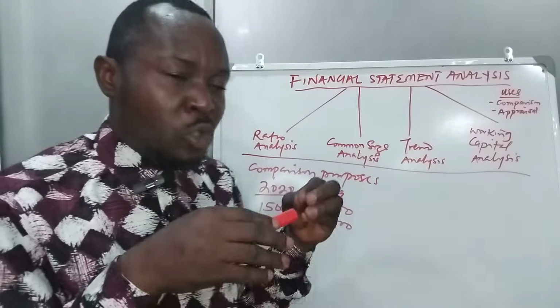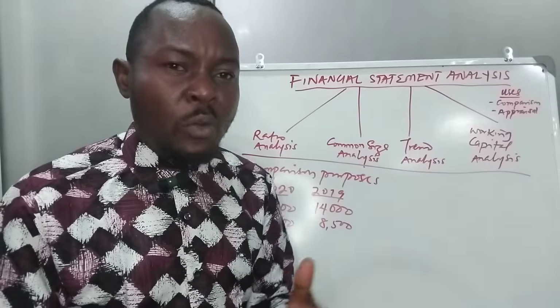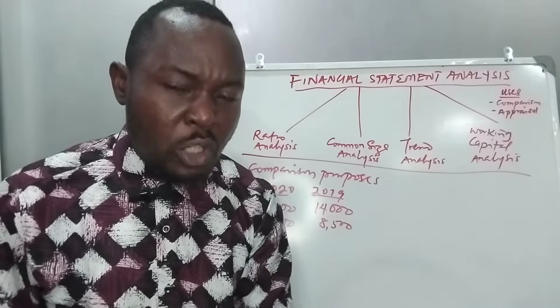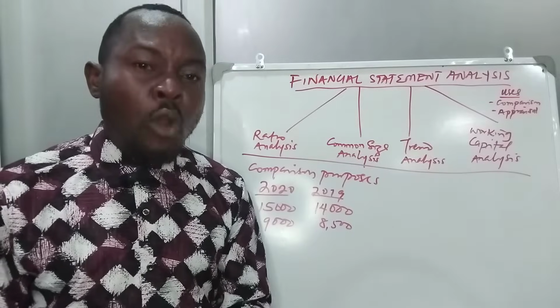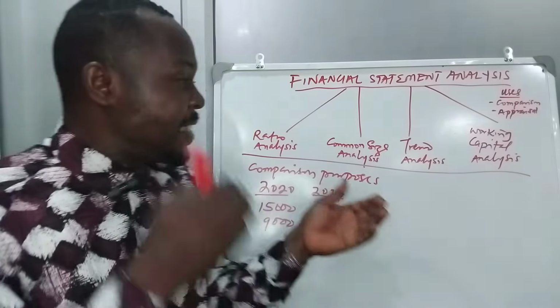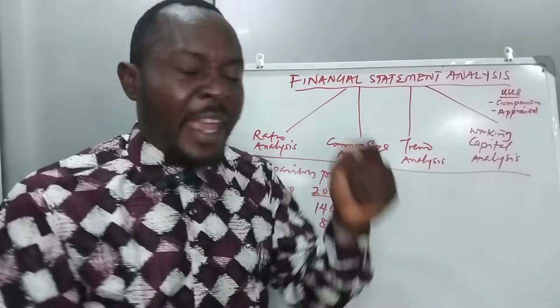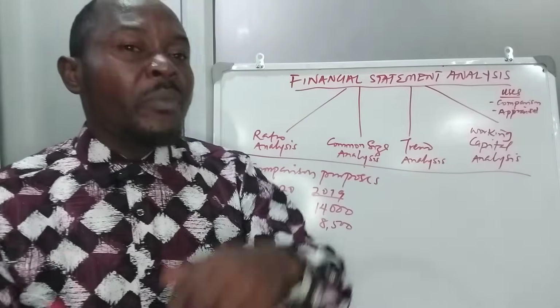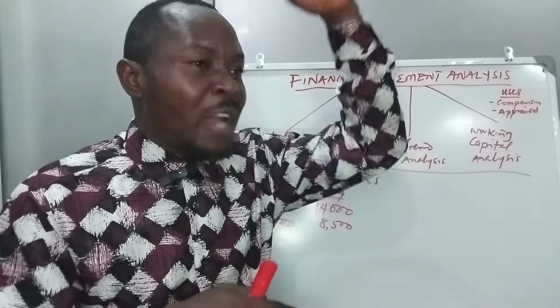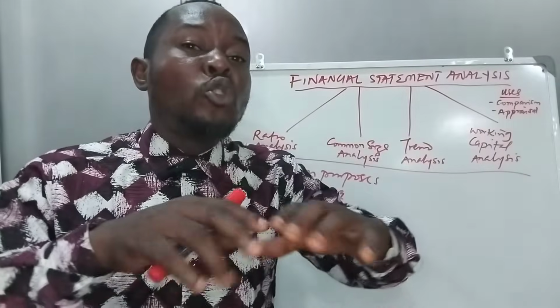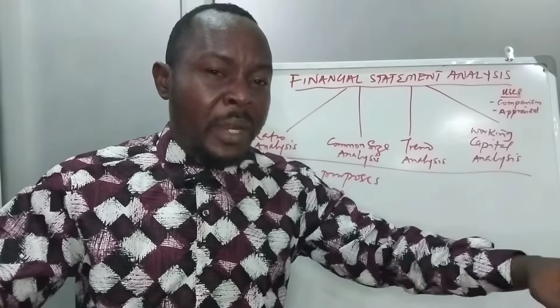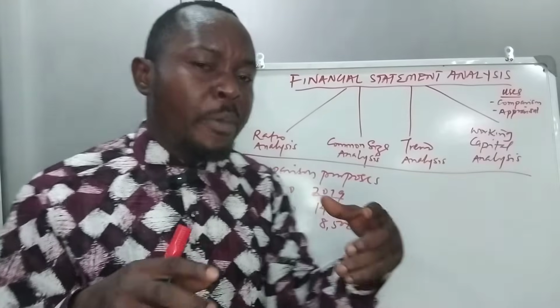You compare the subunit of an entity, what you call a division, with another division of the same entity. And also, you can compare the performance of the entity in one country with the performance of another entity in another country, but it must be under the same umbrella, the same industry. I hope this is following.